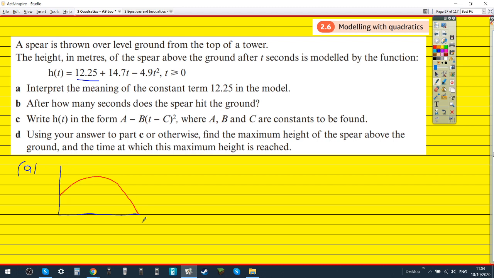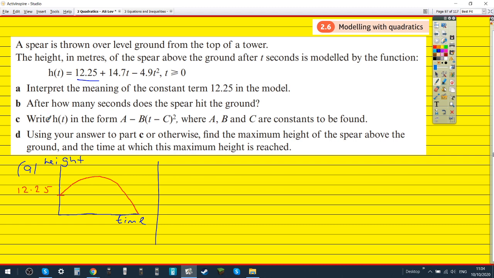This time it's time and height. Any idea about that? I think that's the starting height. It's when time is 0, so it's the initial height of the spear. Yeah. And it's a very common question.